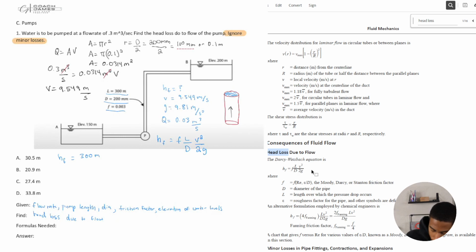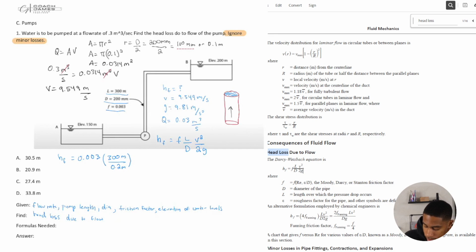All right, I forgot something. We're not starting with L, we're starting with F, right? So F is going to be 0.003 times my 300 meters divided by 0.2 meters. So we know that that's my diameter, right?